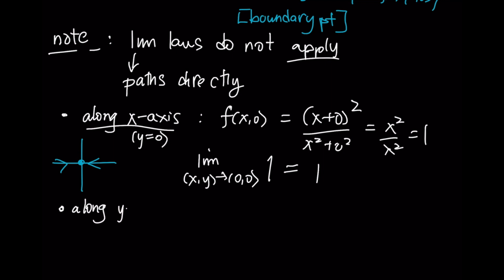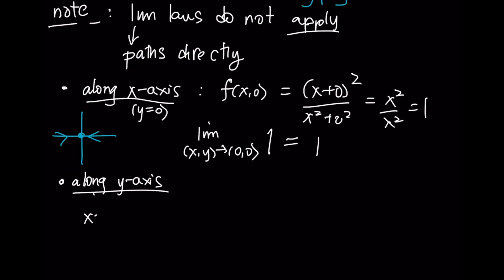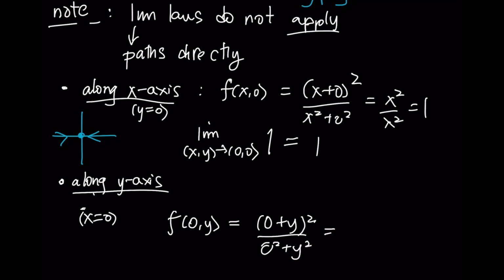So for example, let's walk along the y-axis. And when we walk along the y-axis, that means all the x values are 0. And that means the function simplifies down to 0 and y. So once again, we'll have something similar to what we had above. All of the x terms will turn to 0. We'll end up getting a y squared over a y squared, and that equals 1.